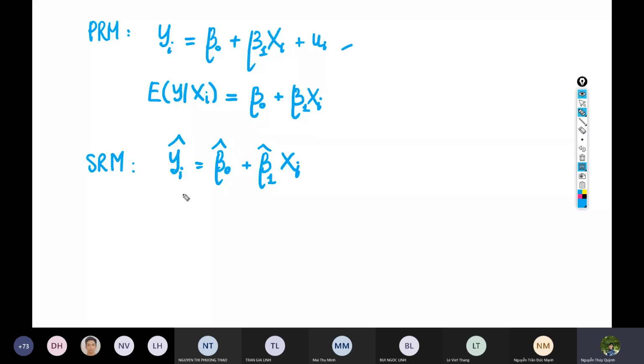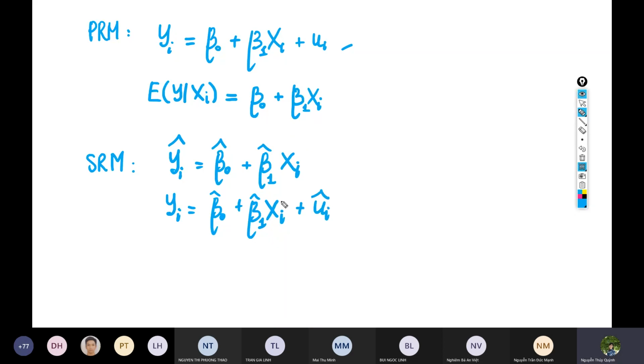We still have another way to write down the sample regression model. That is the stochastic form of the sample regression model. What is it? It's yi equal to beta 0 hat plus beta 1 hat multiplied by xi, and finally plus ui hat.